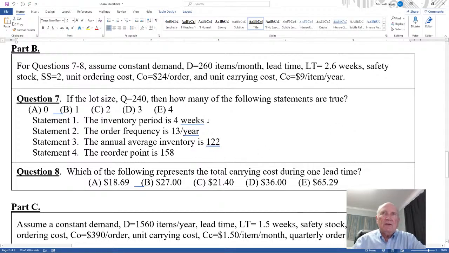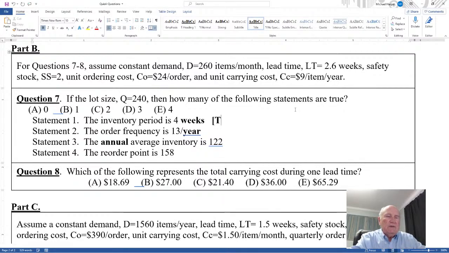So here my inventory period is in weeks. Here my order frequency is in years. My annual average inventory is going to be over a year. And the reorder point, ROP. Okay, so the inventory period, remember, is going to equal Q over D. So we got Q, so T equals 240 divided by D. But I want my inventory period in weeks, so my demand has to be in weeks.